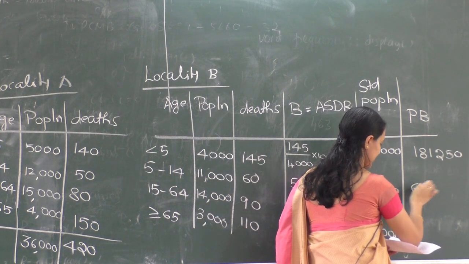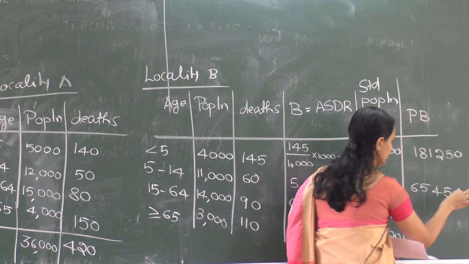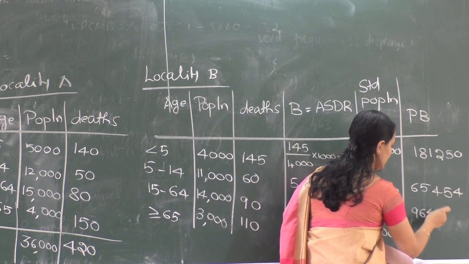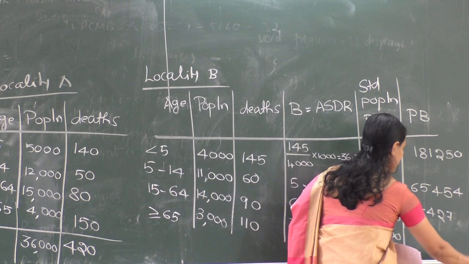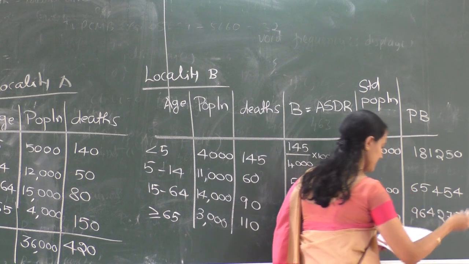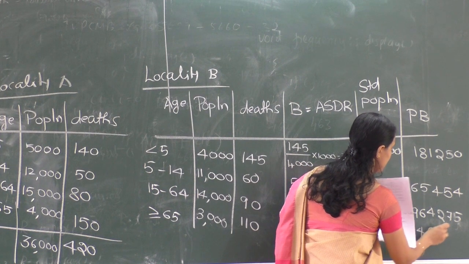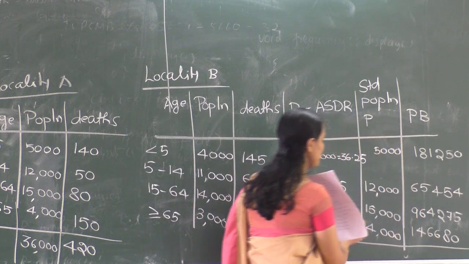Similarly, 65454. Similarly, 964275. Last, 146680. That is P into B.